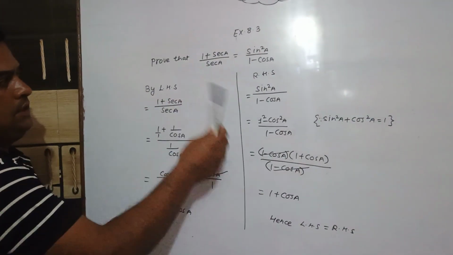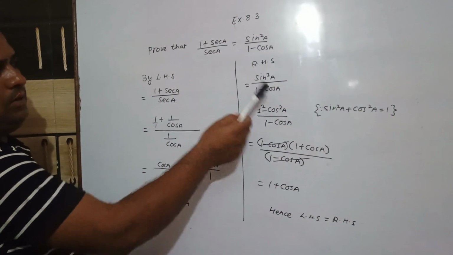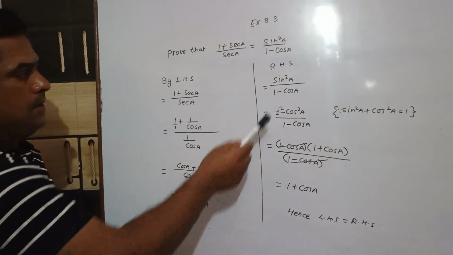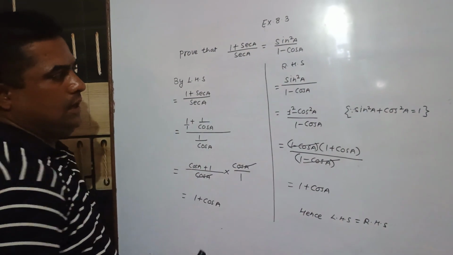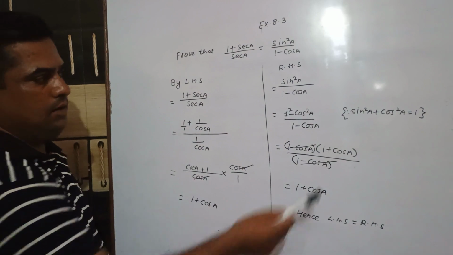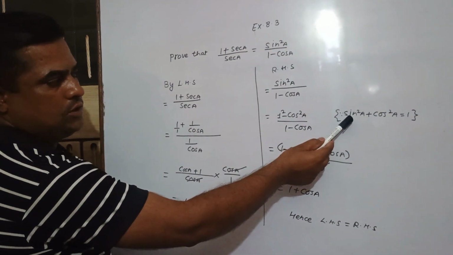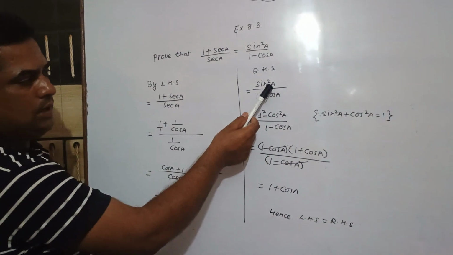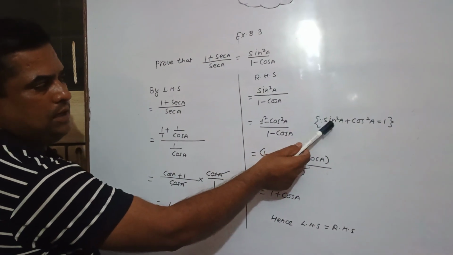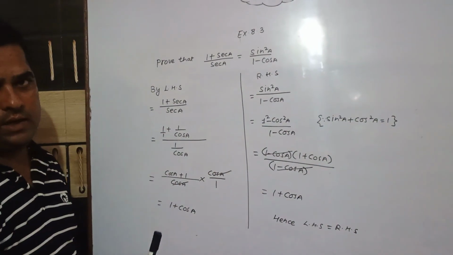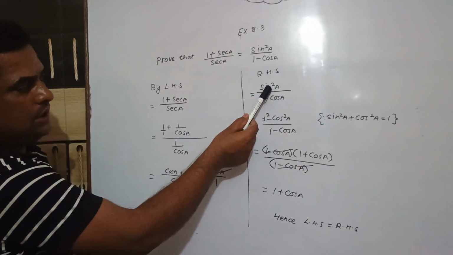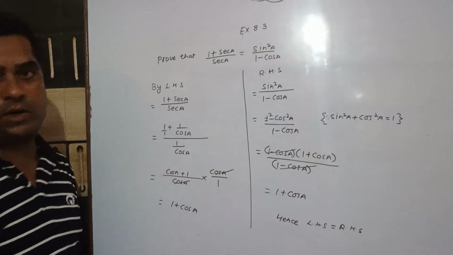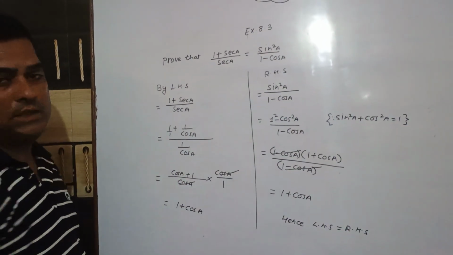Our right hand side is sin square A upon 1 minus cos A. Now in place of sin square A, we will put its value. We have one identity, sin square A plus cos square A is 1. So the value of sin square A will be 1 minus cos square A. The denominator will be the same.